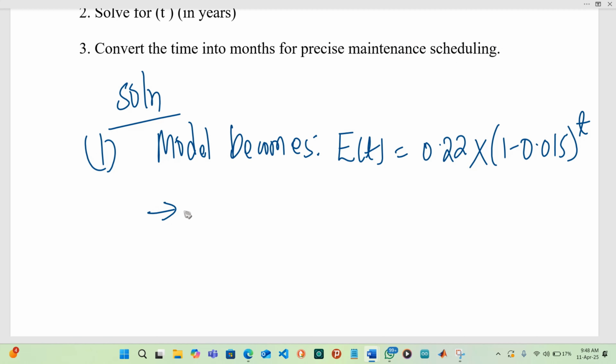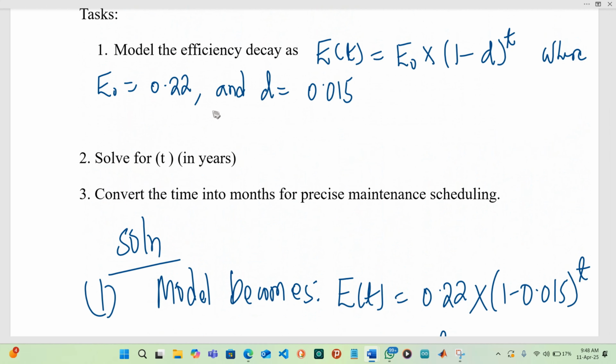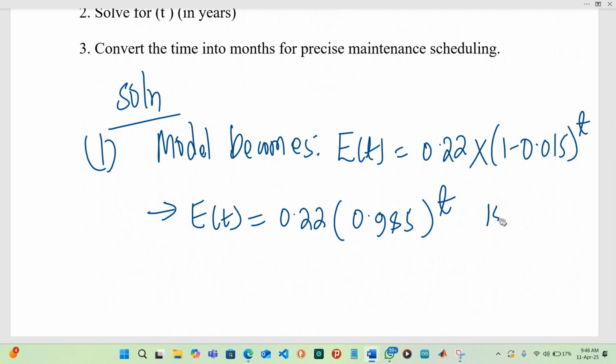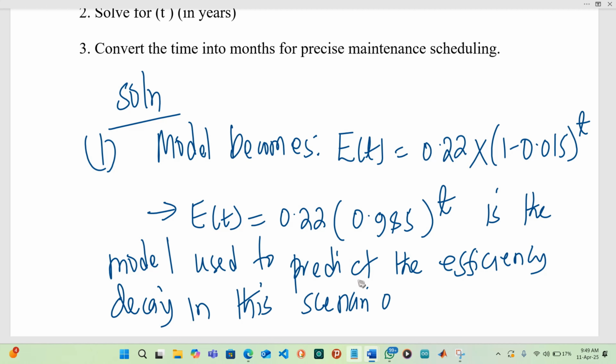Finally, it will be E of t equals 0.22 times, if I get 1 minus 0.015, I will get 0.985 power t. So that is task number 1. That is the model that we shall use to predict, the model used to predict the efficiency decay in this scenario.